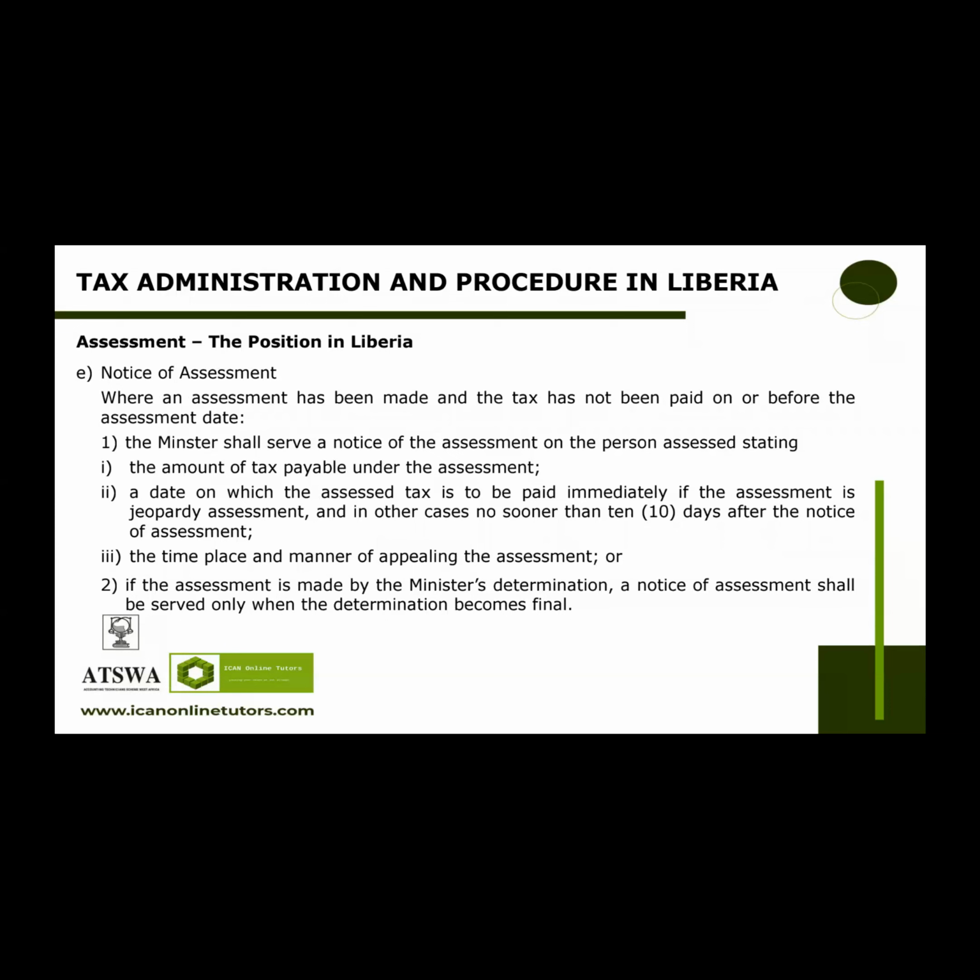Notice of assessment. Where an assessment has been made and the tax has not been paid on or before the assessment date, the minister shall serve a notice of the assessment on the person assessed, stating: 1, the amount of tax payable under the assessment; 2, a date on which the assessed tax is to be paid, immediately if the assessment is a jeopardy assessment, and in other cases no sooner than 10 days after the notice of assessment; and 3, the time, place, and manner of appealing the assessment.